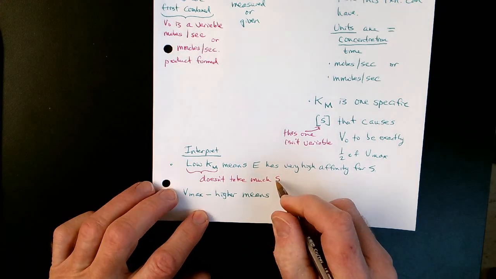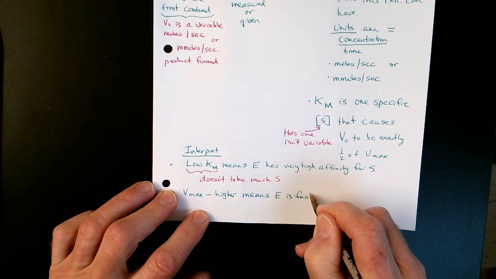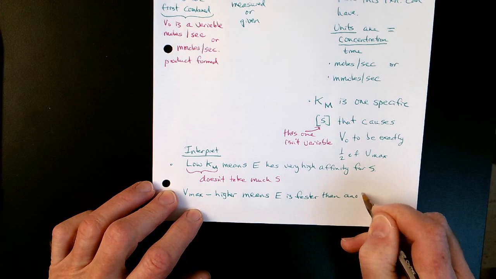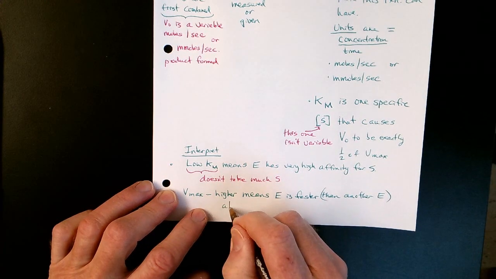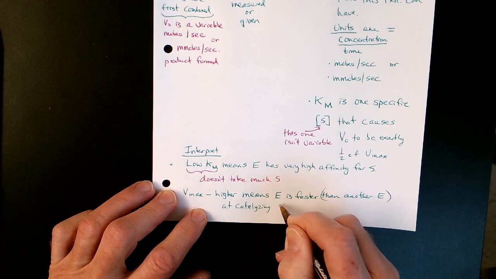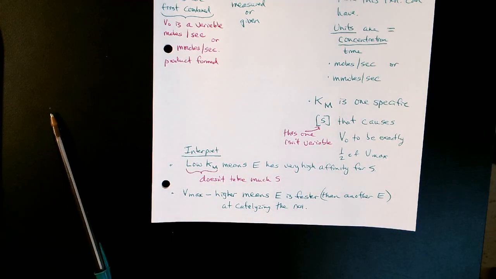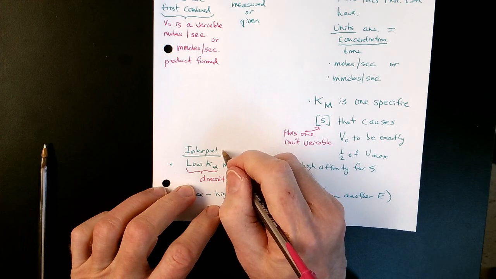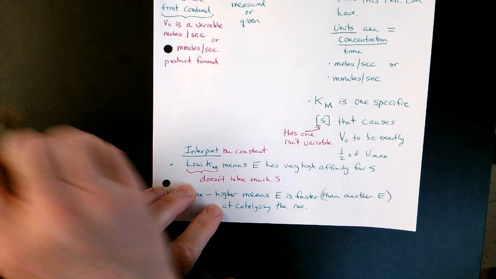It means that your enzyme is faster, maybe than another enzyme, at catalyzing this reaction. Okay, now those are the 2 constants, and let me just emphasize that. Here's how you interpret those constants.